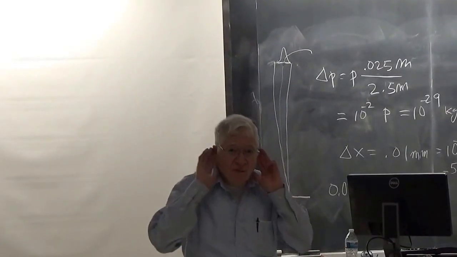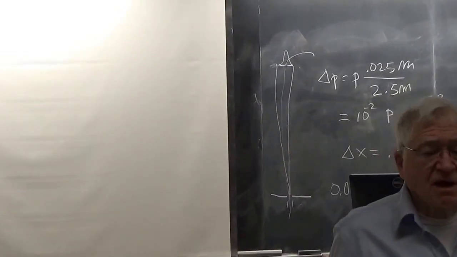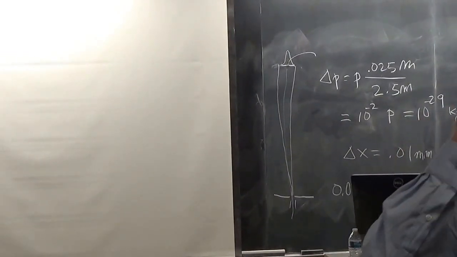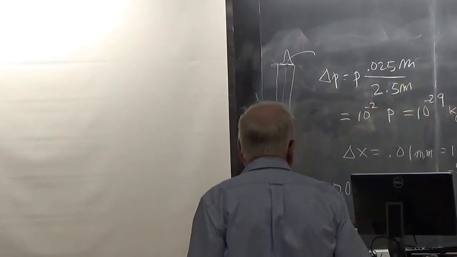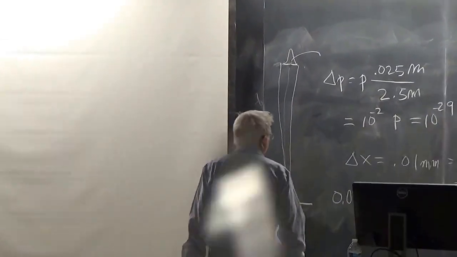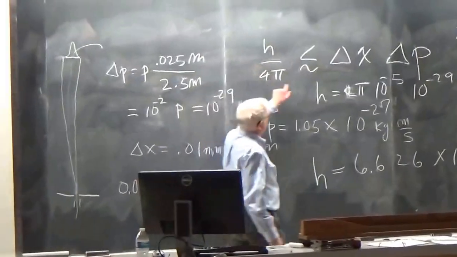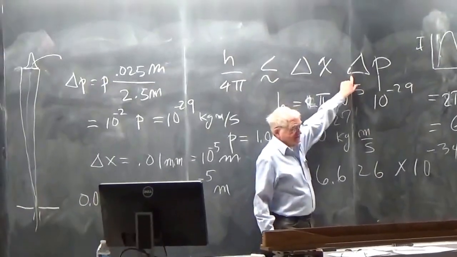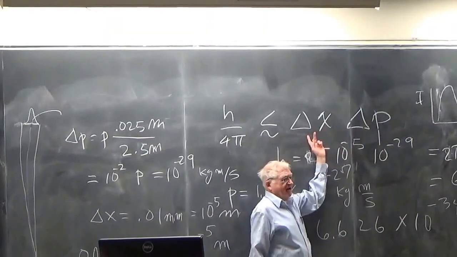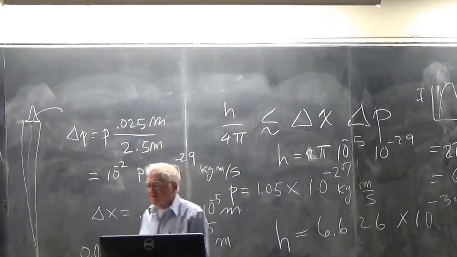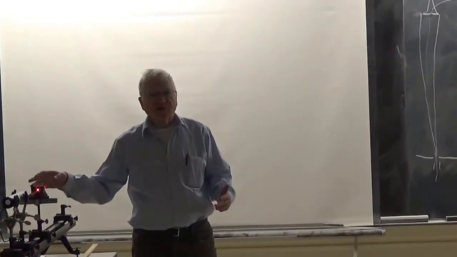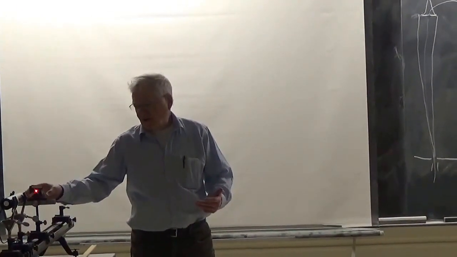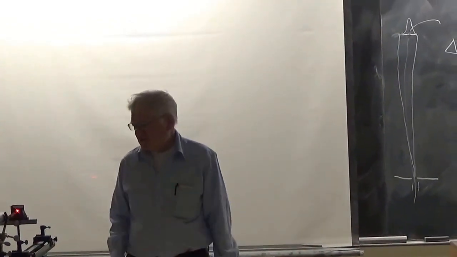But it's essentially taking the other pieces of data that you can find and just plugging them into the right places, just like anything else. I'm just setting h over 4 pi equal to the product of these two. What we know is this has to be bigger, and the other thing we know is that the position measurement is really well done because that's a commercially manufactured slit for demonstrations of this kind.